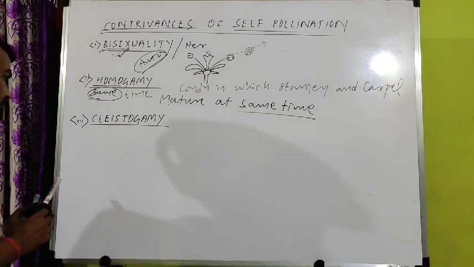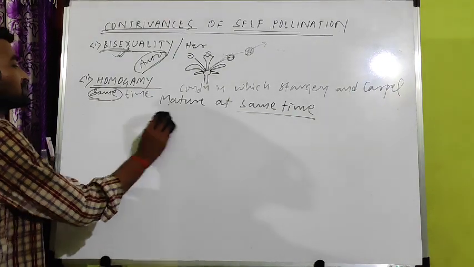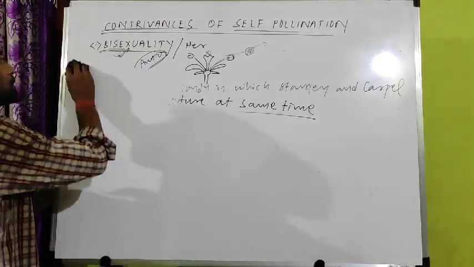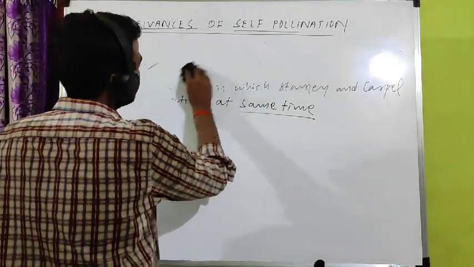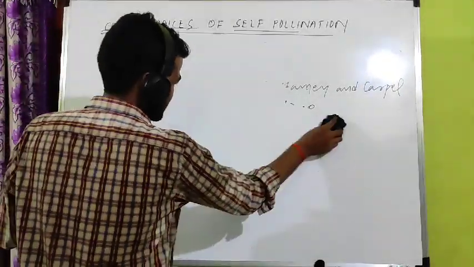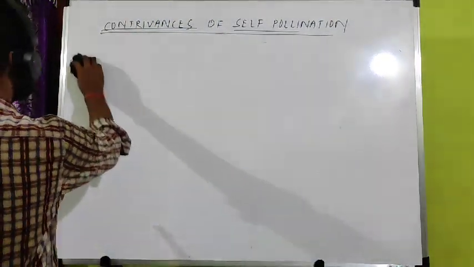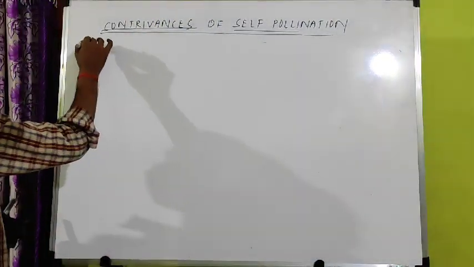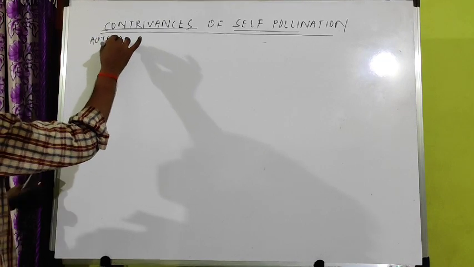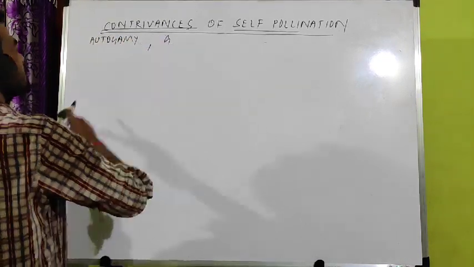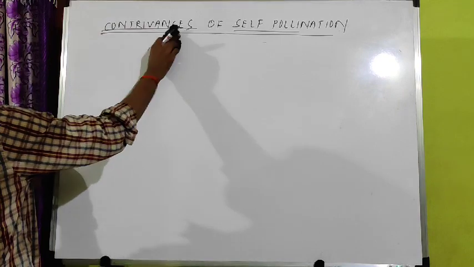Third is cleistogamy. Cleistogamy is very important. We will discuss it in detail. So two important terms we have completed. Number one is autogamy, second is heterogamy. Autogamy is completed. We are discussing contrivances.